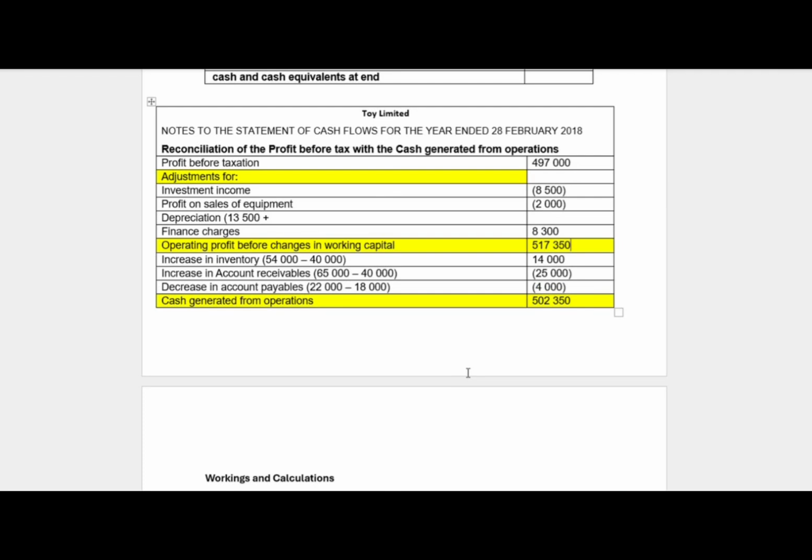We add 2,000. We add 8,500. We less 497,000. I'm getting 22,550. So that is the total depreciation now.